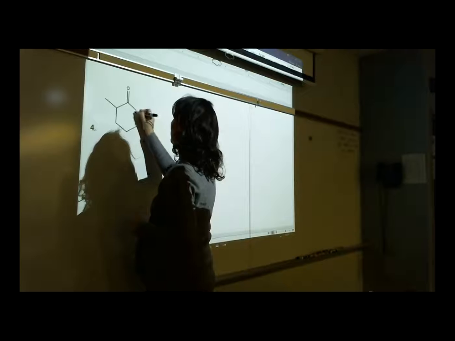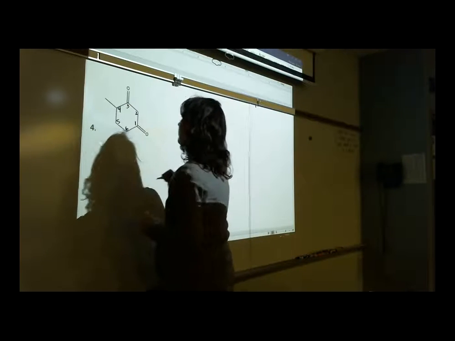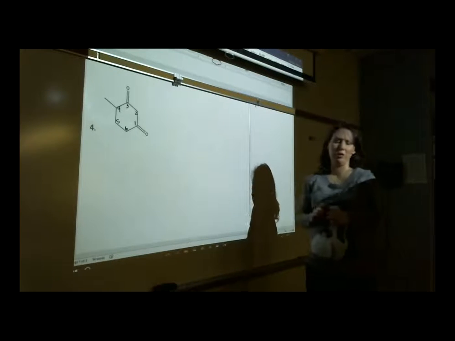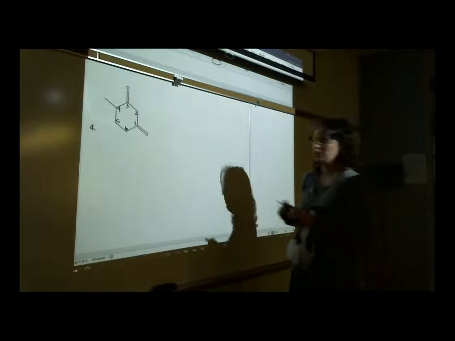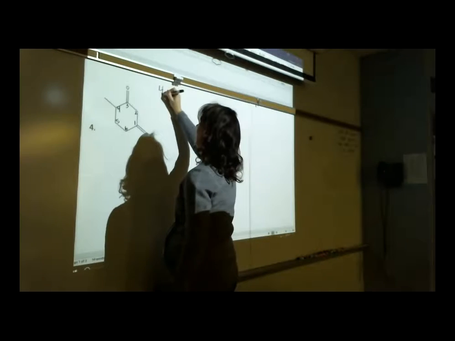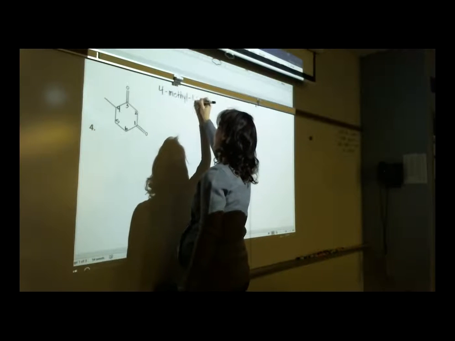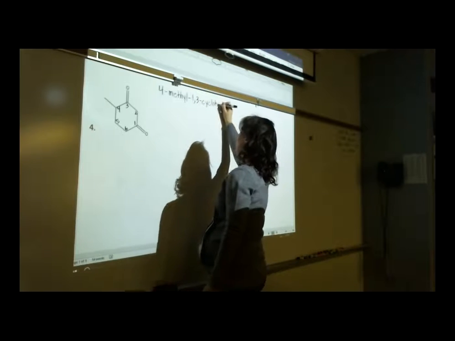So 1, 2, 3, 4, 5, 6. So I would accept 2 names, and I think your online homework would accept 2 names. Right, you could call this 4-methyl, then what? 1,3-cyclohexanedione.